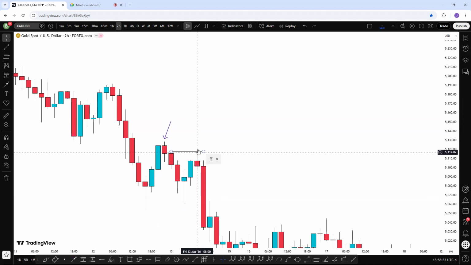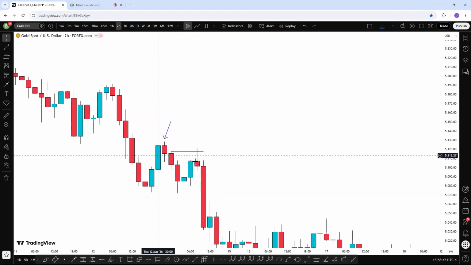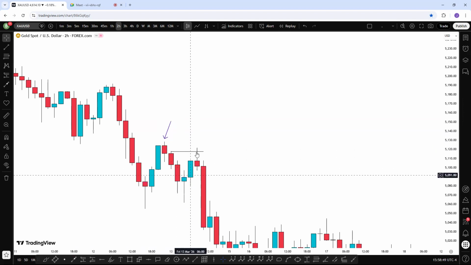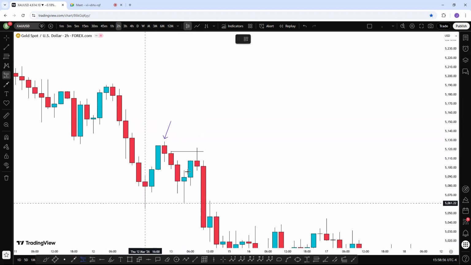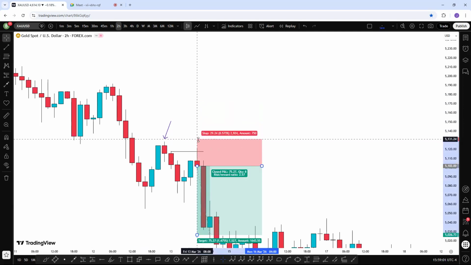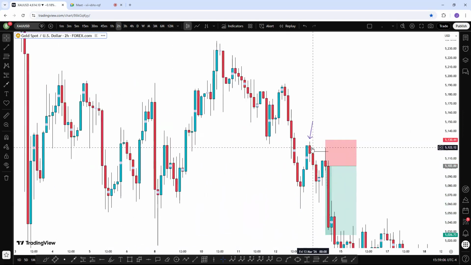Then price comes here and grabs the resting liquidity, and then a new activity is created. This shows that institutions are willing to go down. They have manipulated to go down, they come back again in the same zone and manipulate again to go down. That means they are really interested in this zone to go down. This is a strong HS setup.